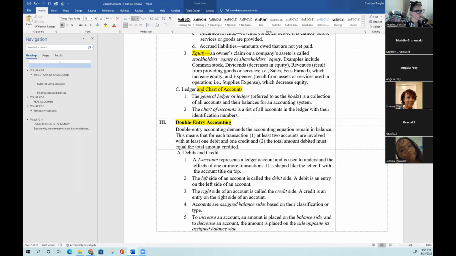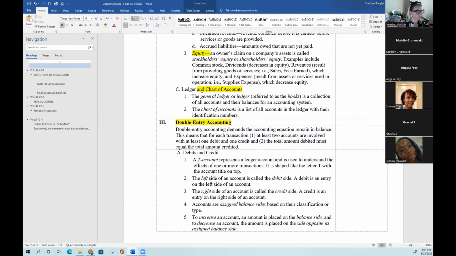So usually you have both. Sometimes smaller companies maybe don't use the numbers, but most of the time when you work for larger organizations, they'll have account numbers that go along with the descriptions. So we have our general ledger. The general ledger is just that listing, and that's what we use when we're coding things. So maybe in receivables, we're coding to a 1,200 account, and in payables, we're coding to 2,000 accounts.